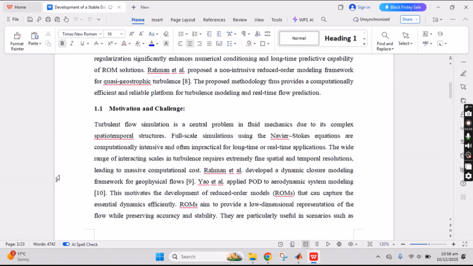Okay, so here is the motivation and challenge. Our main motivation is to simulate a central problem in fluid mechanics due to its complex spatiotemporal structures. Full-scale simulation using the Navier-Stokes equations is computationally intensive and often impractical for long-time or real-time applications.